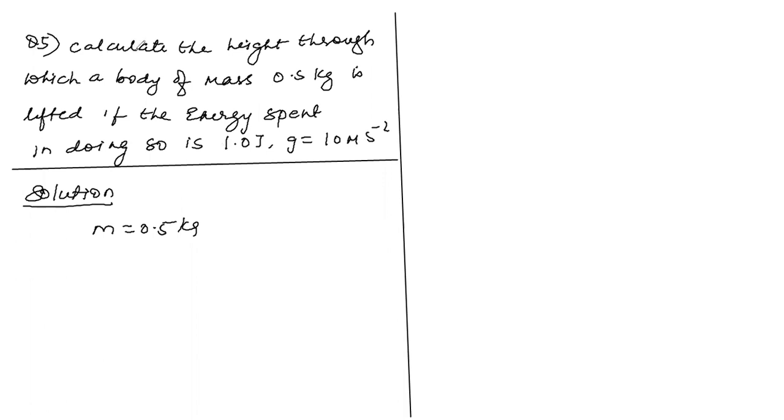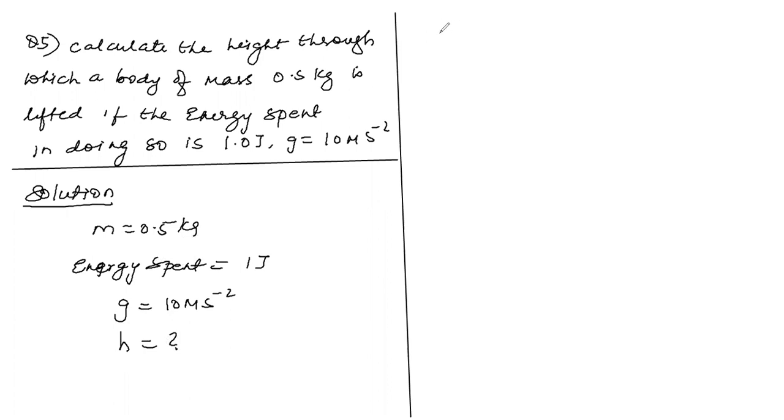Mass is 0.5 kg, the energy spent in lifting is equal to 1 joule. Now, what is the g value? 10 meter per second square. And they want to find h, the height through which it is lifted.